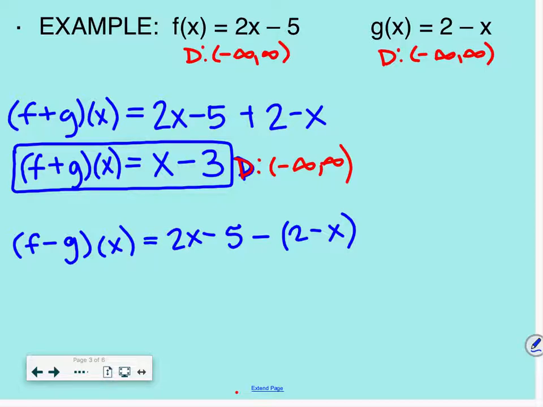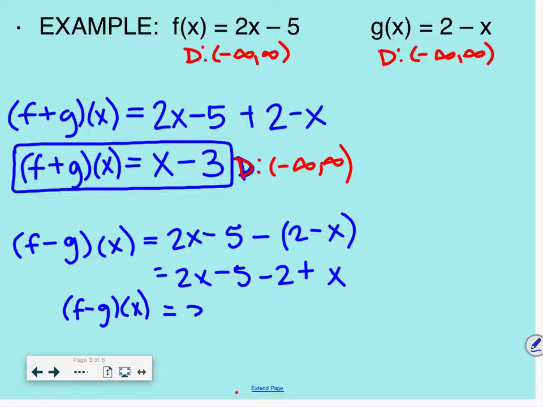This is something that was definitely overlooked, both on the quiz and for some people on their corrections. We are subtracting the entire g of x. So what happens? We have 2x minus 5 minus 2 plus x. Please be careful to distribute that subtraction through. So our function is 3x minus 7.